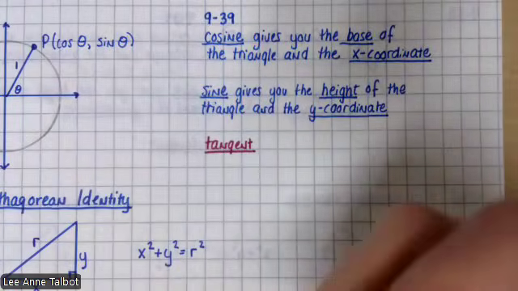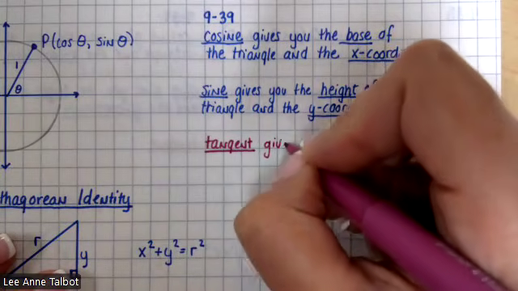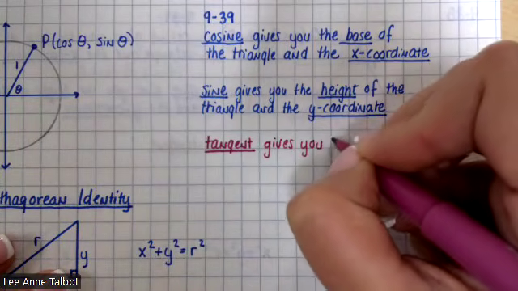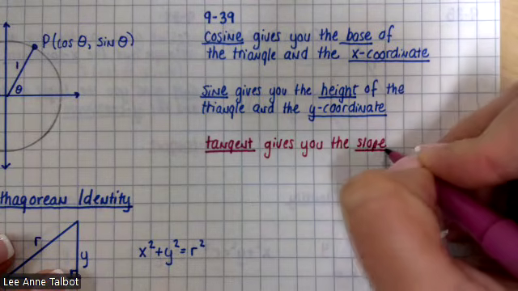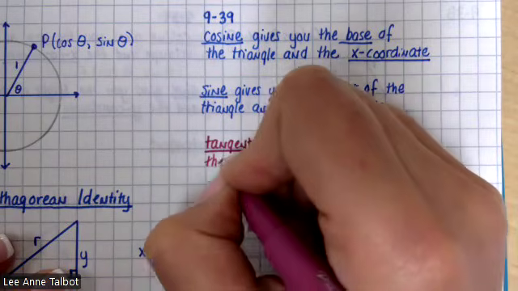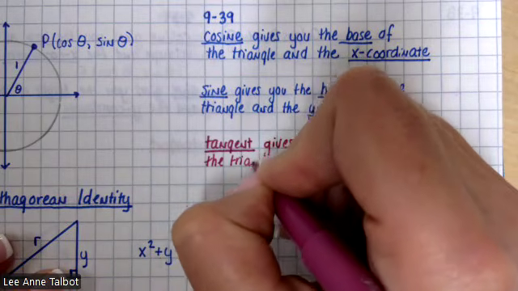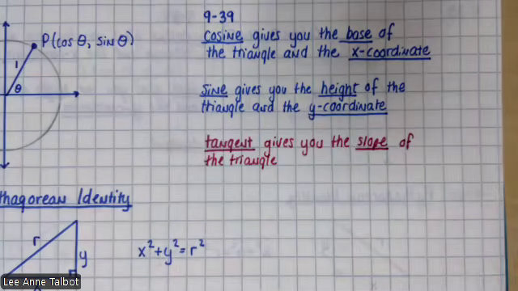Tangent gives you the slope of the triangle. I don't know if you guys remember in math 2, you started with tangent because you found the slope.